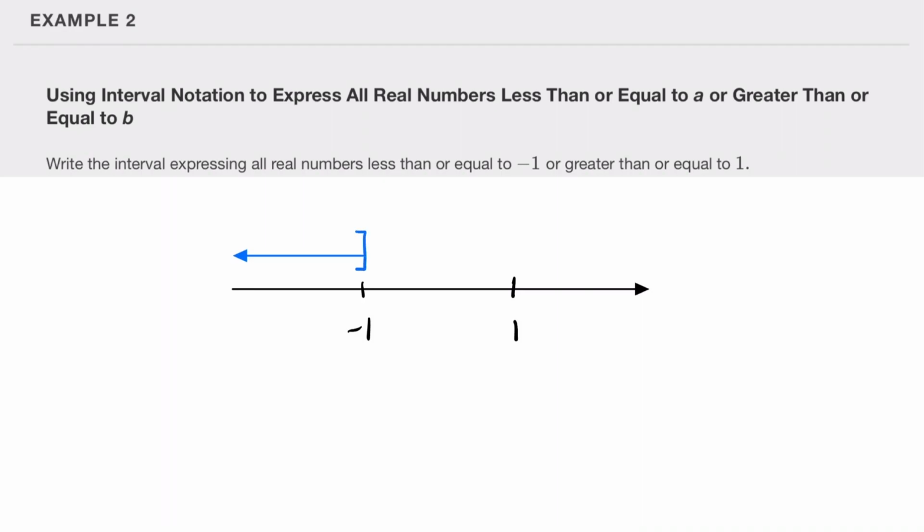Or greater than or equal to 1, so we want all the numbers to the right of 1. And it can be equal to 1, so again we use a square bracket.